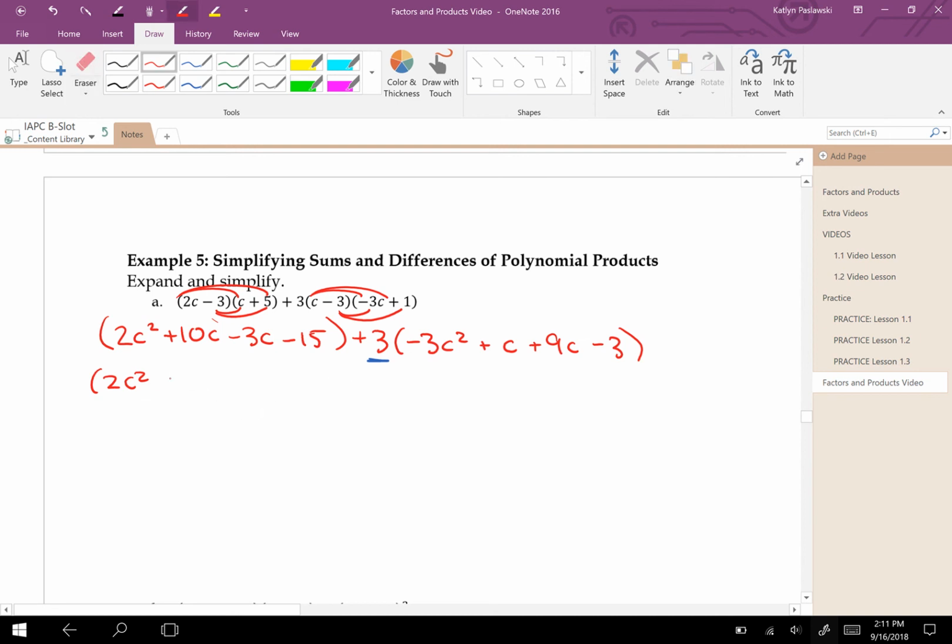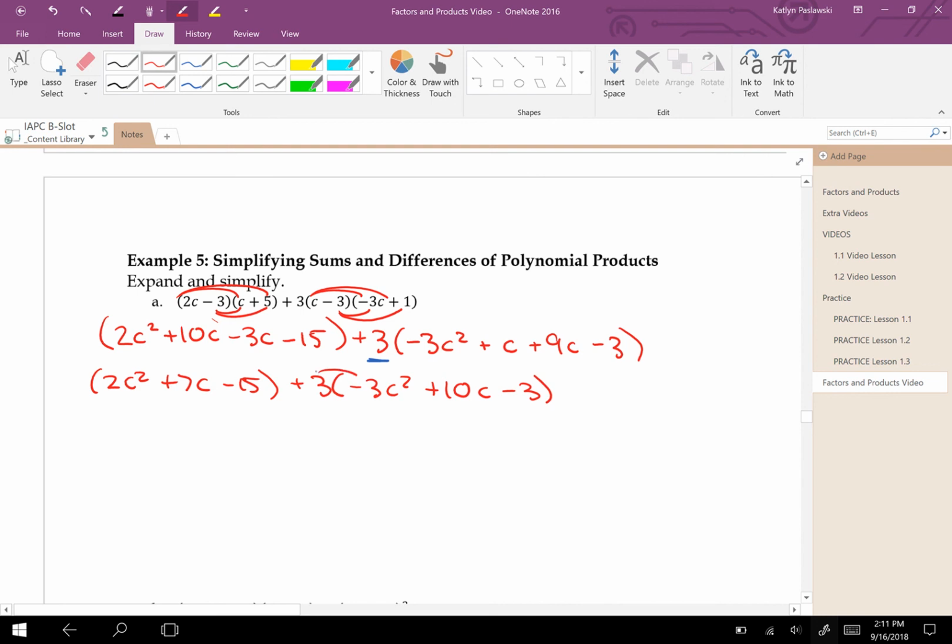So that would give you positive 7c minus 15 as a set of terms. And as I multiply this 3, we have positive 3. I'm also going to combine the two c's, so negative 3c squared plus 10c minus 3.